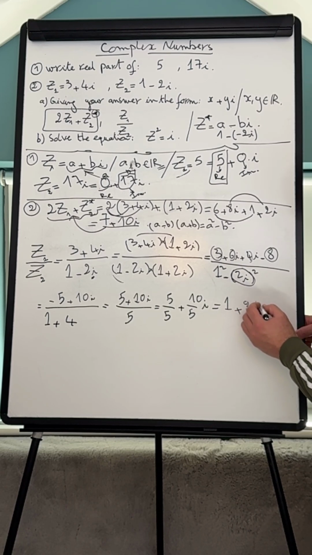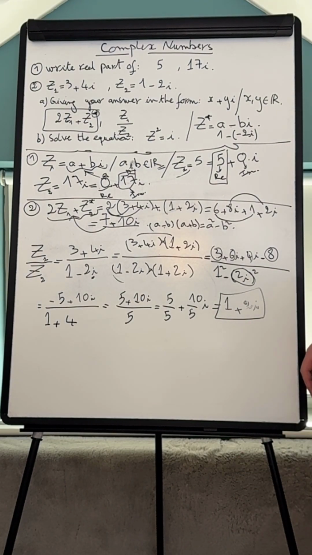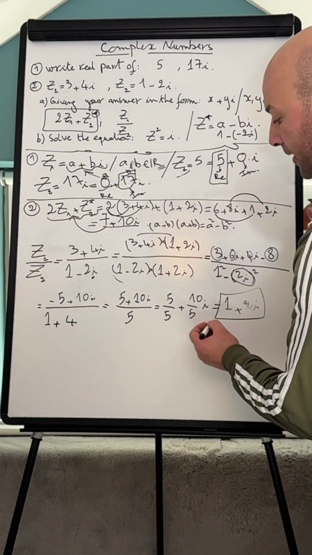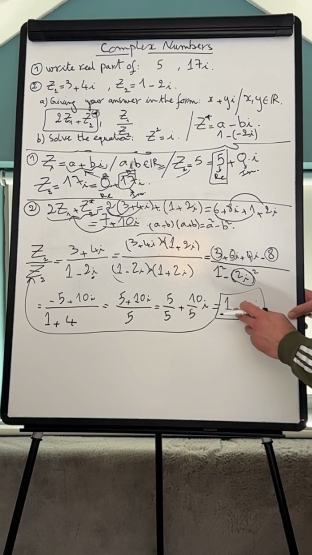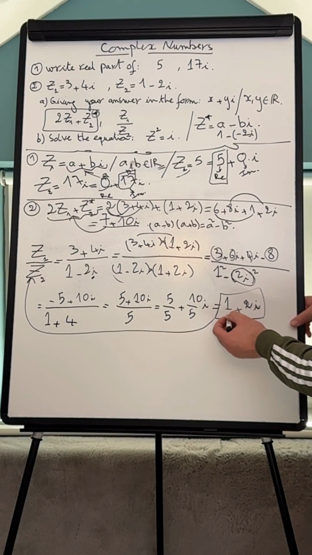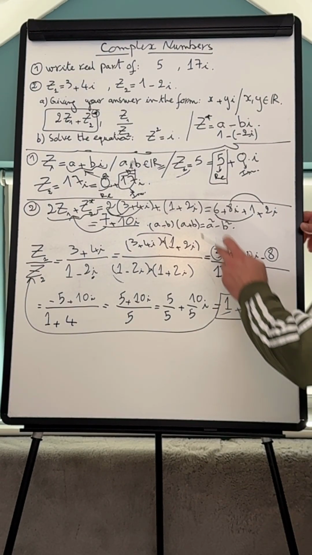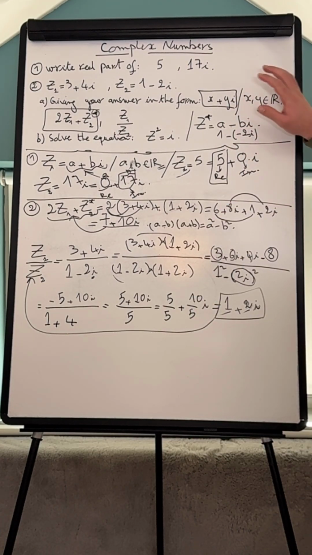And we found the answer of our question. Z1 divided by Z2 equals 1 plus 2i, where the real part is 1 and the imaginary part is 2, and we have to write it this way, x plus yi: 1 plus 2i.